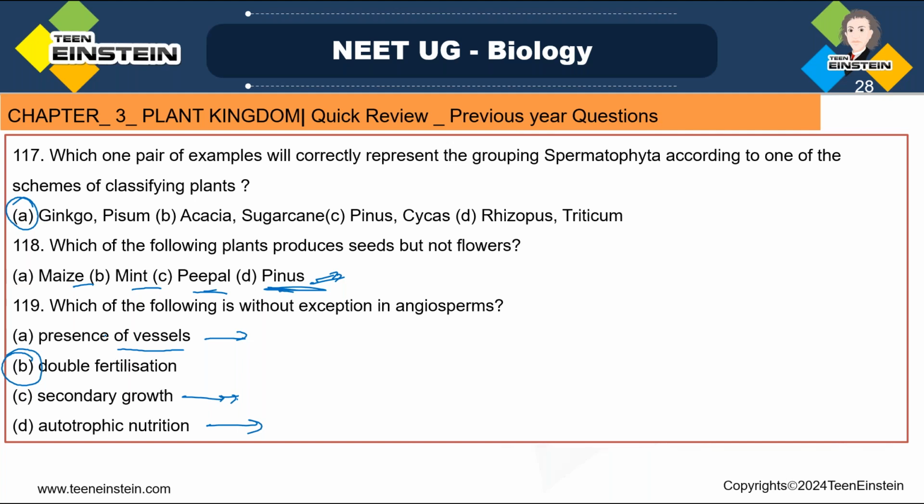Some angiosperms are heterotrophic, with special modes of nutrition: saprophytic, symbiotic, parasitic, and insectivorous. Nepenthes is an insectivorous plant, Cuscuta is a parasitic plant, mycorrhiza is a symbiotic association between fungus and roots of higher plants, and Monotropa is a saprophytic example. So the right answer is double fertilization, for which there is no exceptional case. Clear?